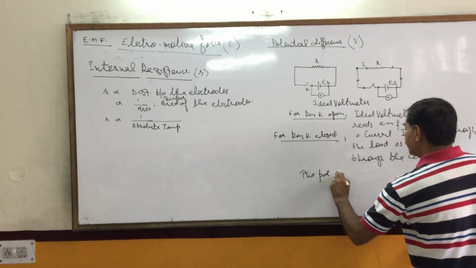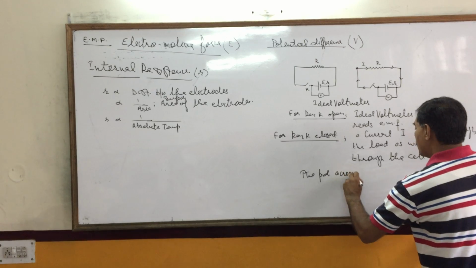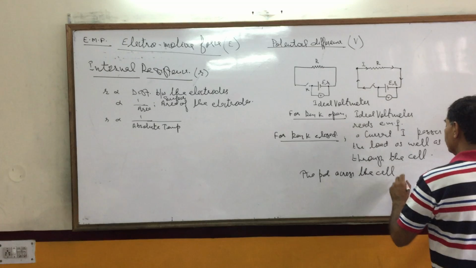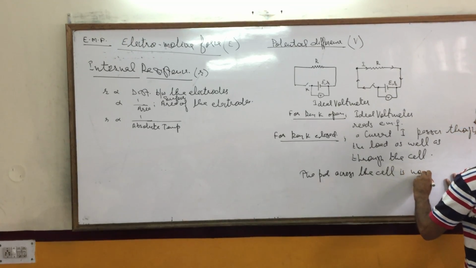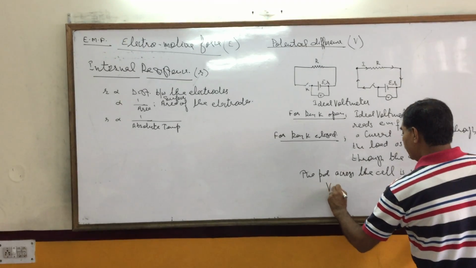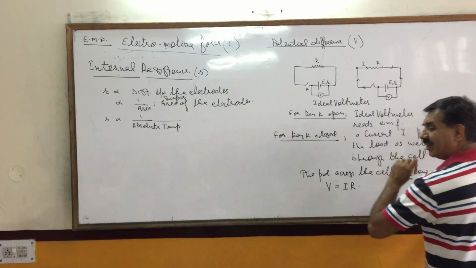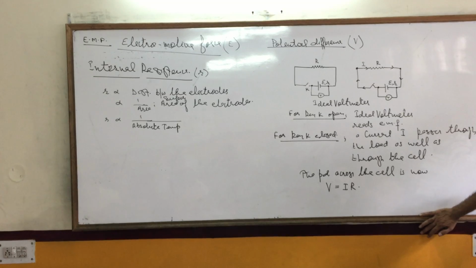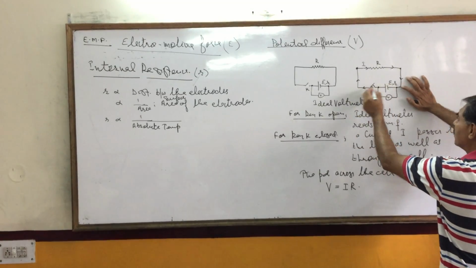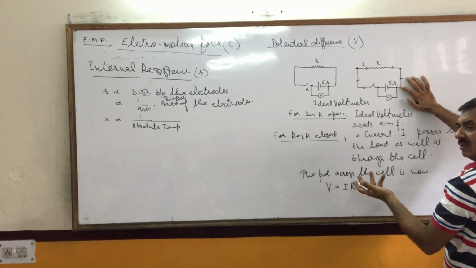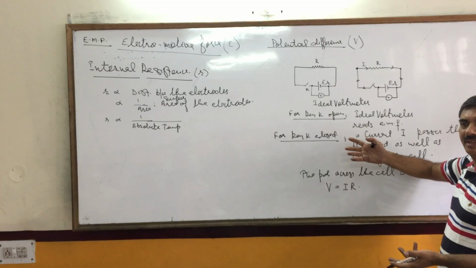The potential difference across the cell is now V equal to I into R. That's the same point. At this time, the potential difference across the cell is the same as the potential difference across these 2 points, I into R.